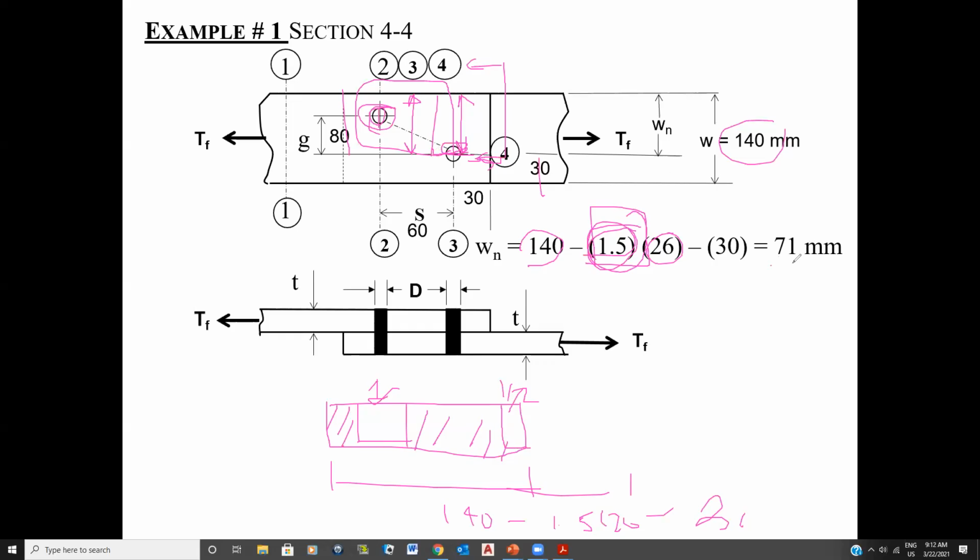And like I said, when I do this calculation, the net area, in other words, this amount of steel here and this amount of steel here, I should change colors. Okay, so this amount of steel here and this amount of steel that I have left in here, these two, X plus Y, would be equal to 71 millimeters.